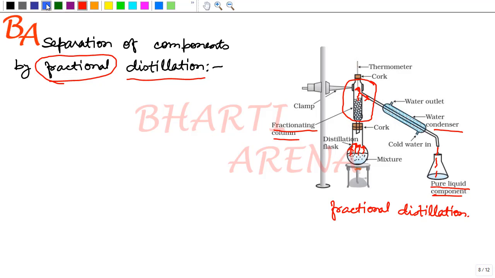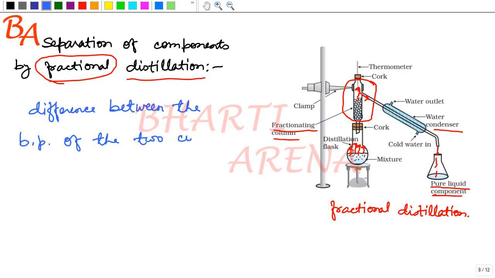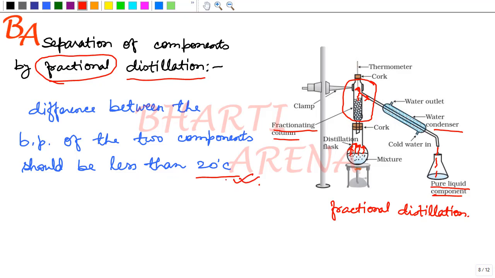One thing is very notable here: the difference between the boiling points of the two components should be less than 20 degrees Celsius. Otherwise simple distillation will be applied.